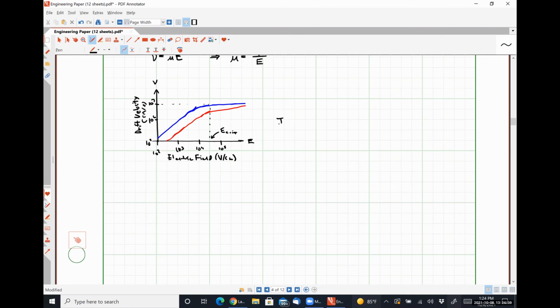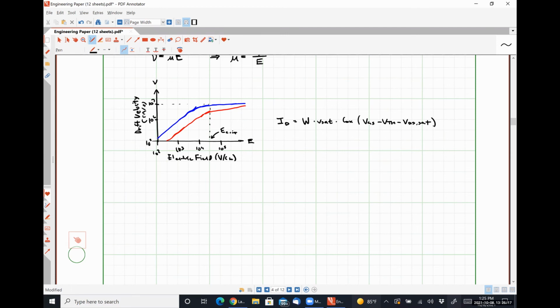such that our drain current, ID, will be W times our saturation velocity times our oxide capacitance multiplied by (VGS minus VTH minus VDS,SAT).